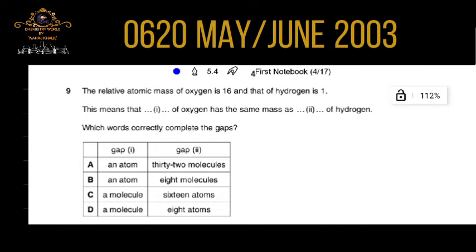The relative mass of oxygen is 16 and that of hydrogen is 1. This means that dash of oxygen has the same mass as dash of hydrogen.